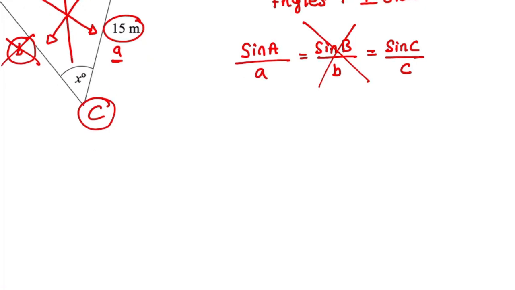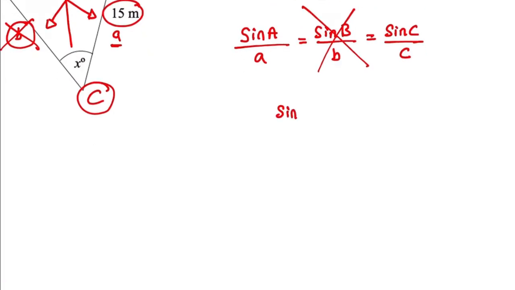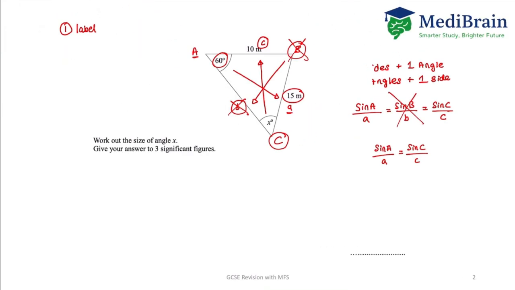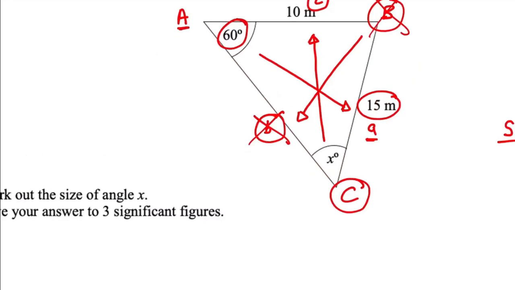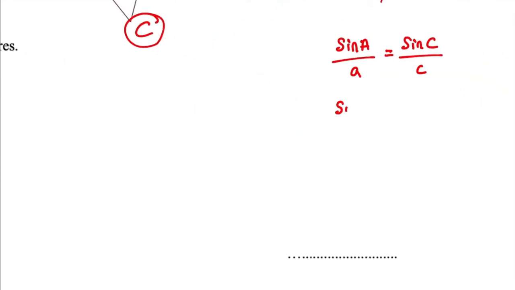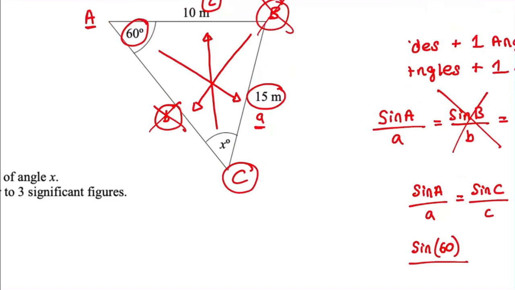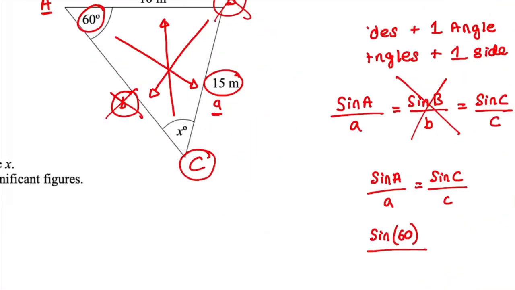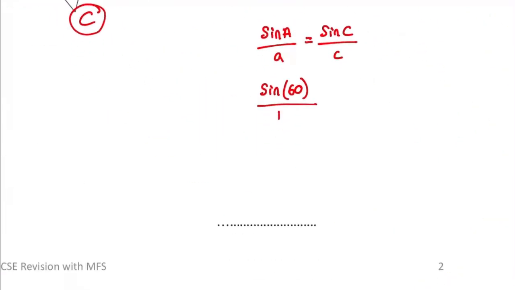We are left with sine A over lowercase a equals sine C over lowercase c in our formula. Then we just have to substitute. Capital A is 60 degrees, so we add in sine 60 over lowercase a, which is 15, so over 15.